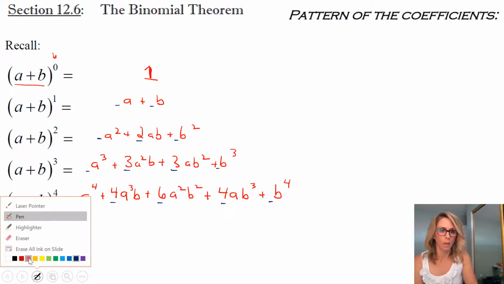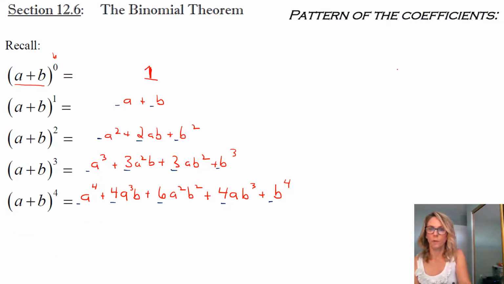So we have 1, and then 1, 1. Then we have 1, 2, 1. Again, I'm just using my coefficients. I have 1, 3, 3, 1, and then I have 1, 4, 6, 4, 1.